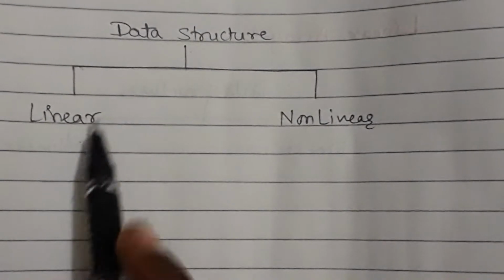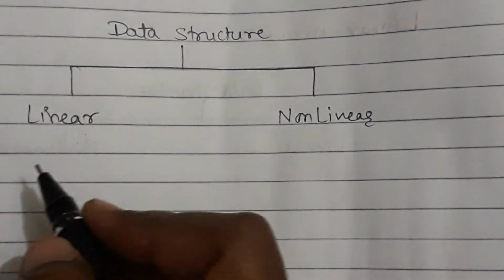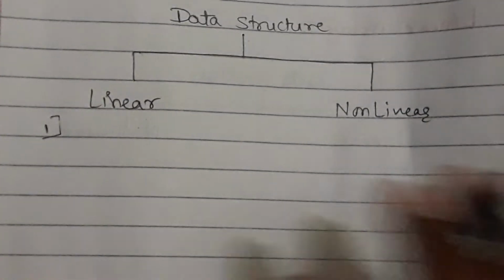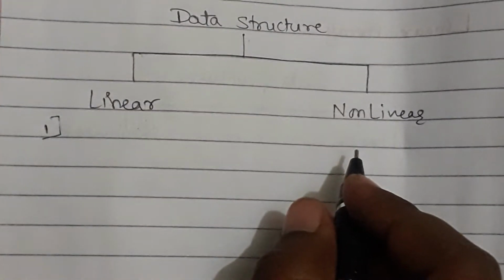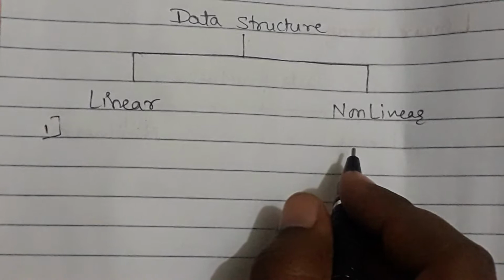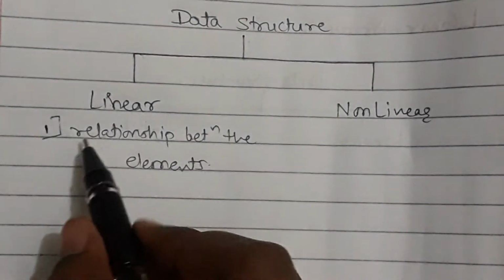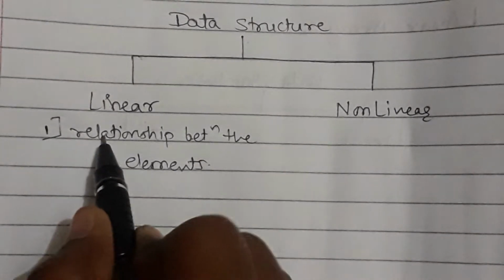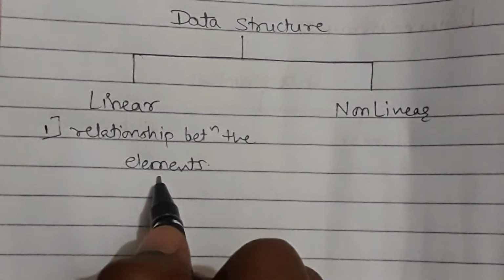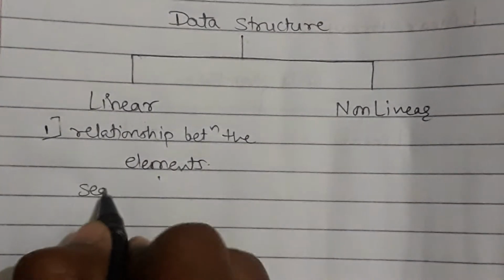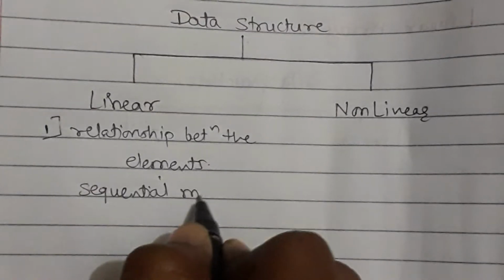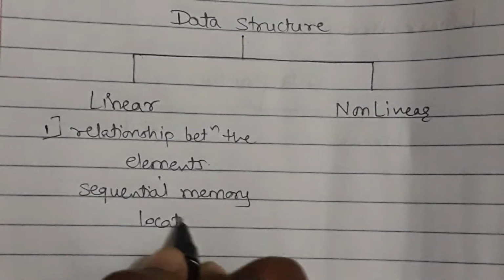One way is to have a linear relationship between the elements, represented by sequential memory locations.